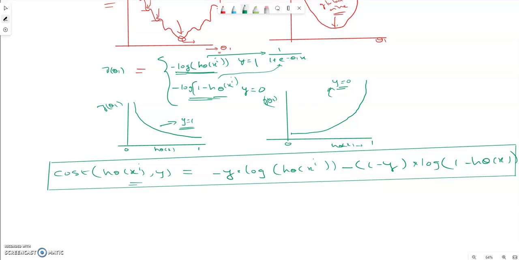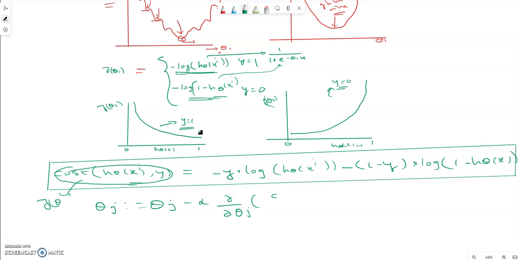We have already seen the gradient descent equation, which keeps updating the value of theta j with the learning rate into the partial derivative of this cost function j of theta 1. Let me just write here, guys.